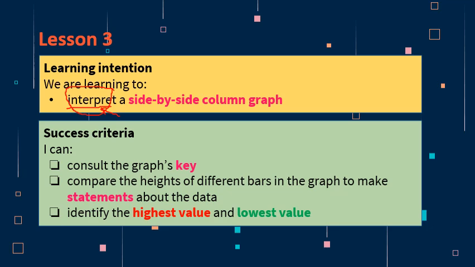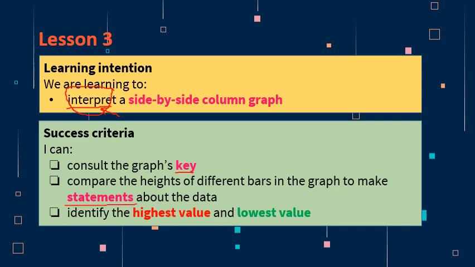Your success criteria today, so the first thing you'll need to do is make sure you consult the graph's key. Each of these graphs will have a key, and that's because we have more than one column. So we need to be able to distinguish between our columns on the graph. The next thing is compare the heights of different bars in the graph to make statements about the data.